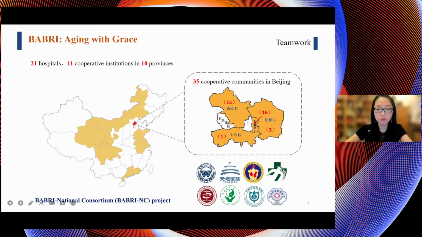Initially, we only collected data from Beijing communities, and in 2017 we expanded to other cities around China, including Inner Mongolia, Shandong province, Hebei province, Guangdong province, and Qinghai province. We now call it the BABRI National Consortium Project.